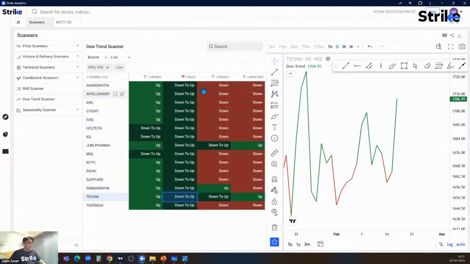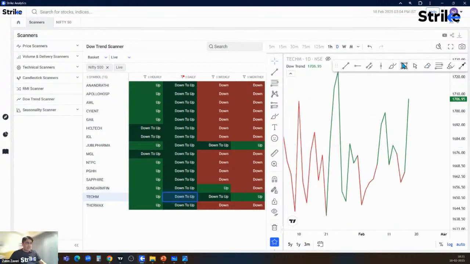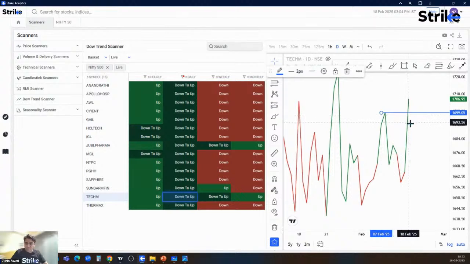One more thing you can look at is the weekly chart. You can see these three stocks: Jubilant Pharma, Sundaram Finance, and Tech Mahindra. These are stocks which are in an uptrend even on the weekly time frame chart. When you click on the daily time frame of Tech Mahindra, you can see that this is a major top, yes or no?